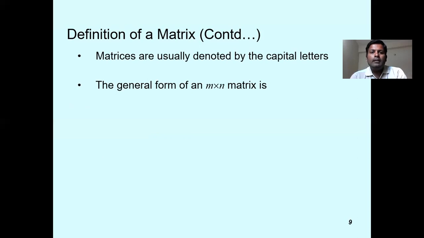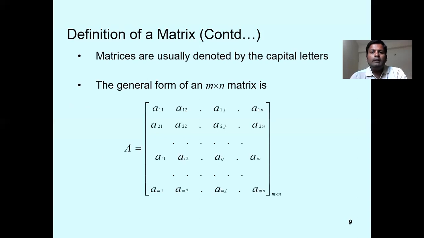You observe here a11, a12, a1j, a1n, a21, a22, a2j, a2n, and so on, ai1, ai2, aij, ain, am1, am2, amj, amn. The total we have to write in the form of a matrix m by n.